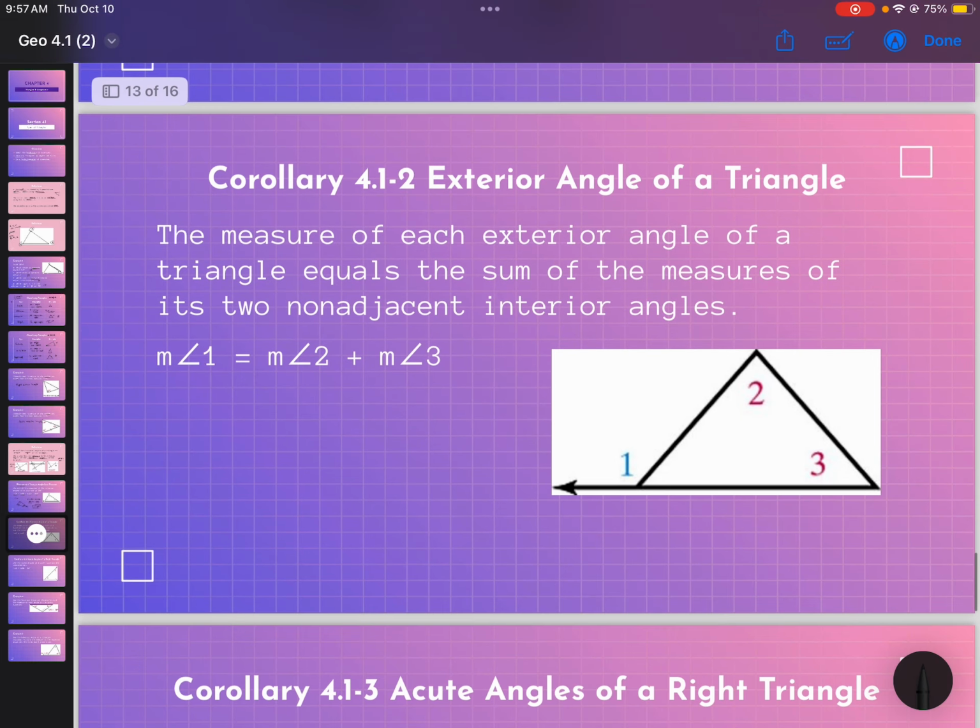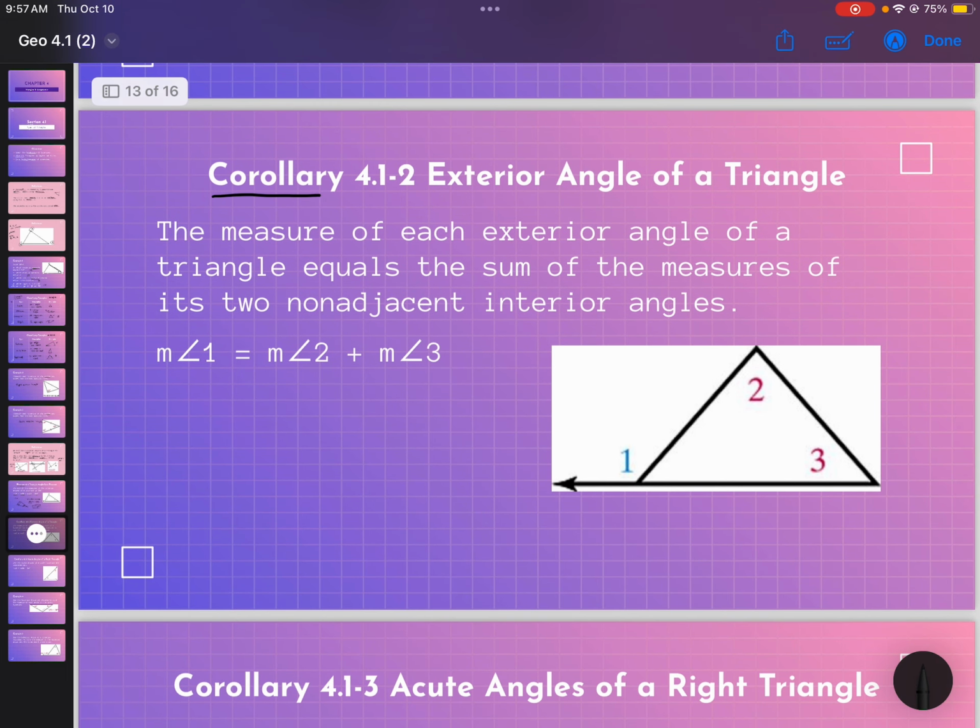All right, here's a corollary. So this is the first corollary we're dealing with. A corollary is just a special name for theorems that are easy to prove directly from another theorem. All right, so because I know theorem 4.11, I get corollary 4.12.